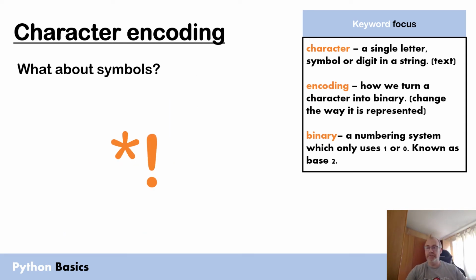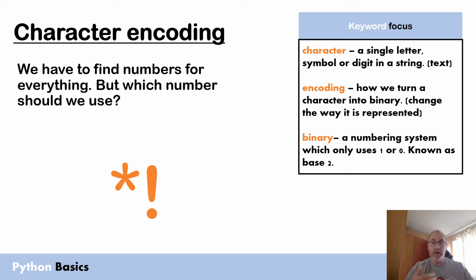But what about symbols? The method is actually the same. I need to find a number to represent them. So what number should we use? That becomes the big question. I might choose the number 30 for my star, and 31 for my exclamation mark, but you might choose a different number, or another company might choose different numbers.